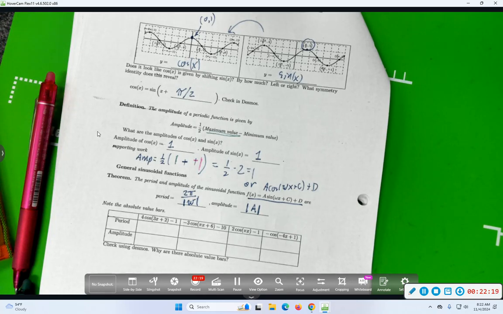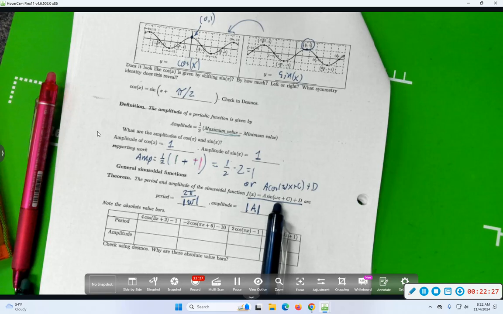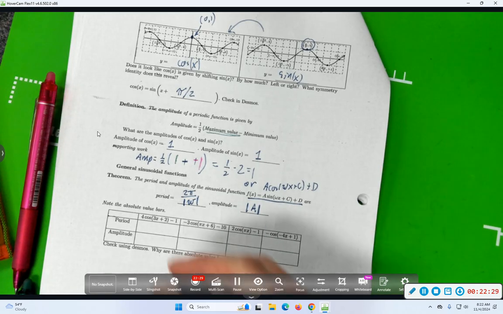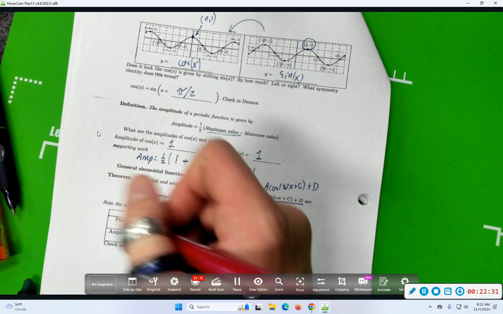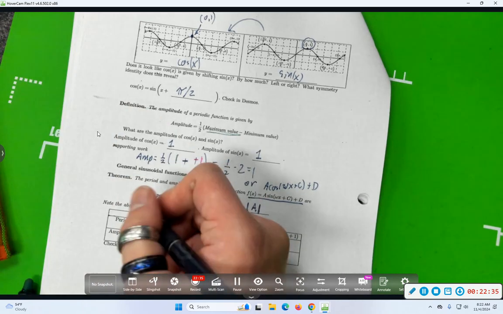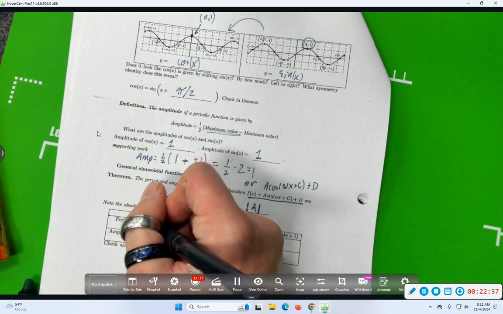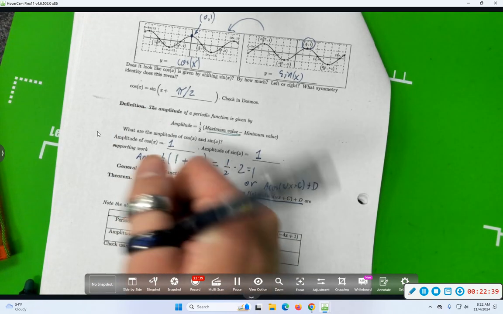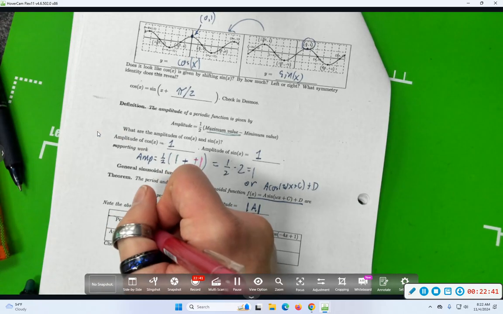So the period of a sinusoidal function is 2 pi divided by whatever omega is. Omega is next to the x. So in this case, there's the omega. It's 3. So the period will be 2 pi divided by the absolute value of 3.